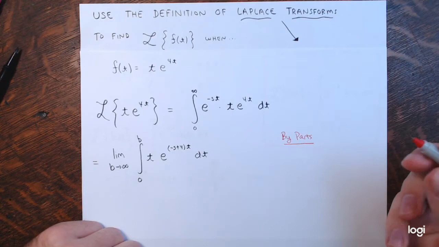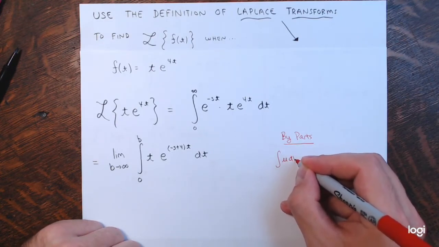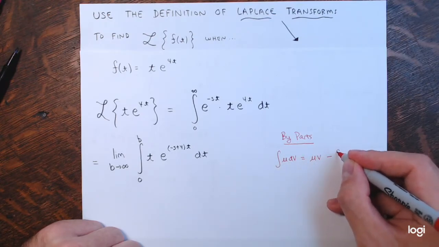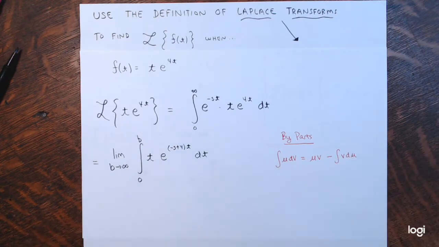I'll write up the parts formula to refresh your memory. Remember, the integral of u times dv was equal to u times v minus the integral of v times du, where we have to assign u and dv.